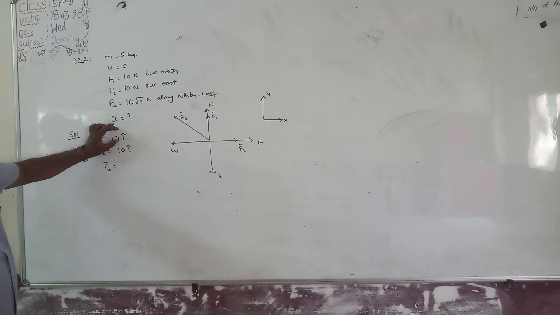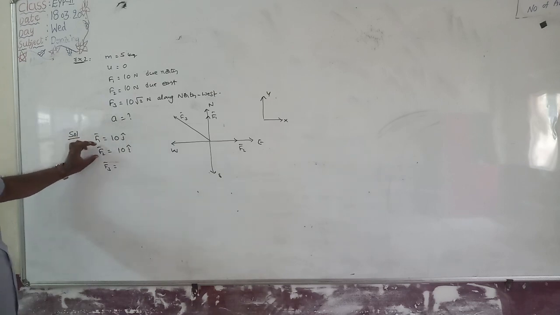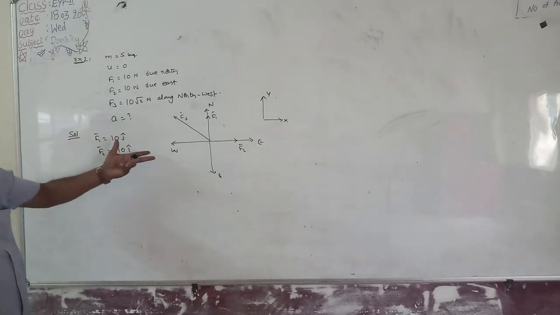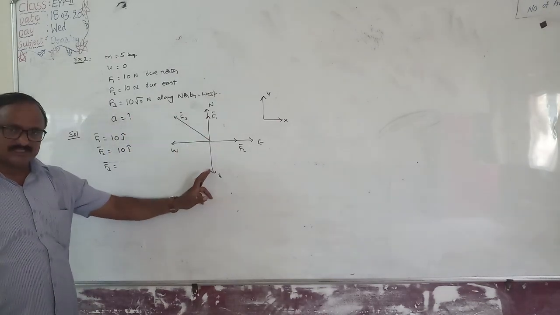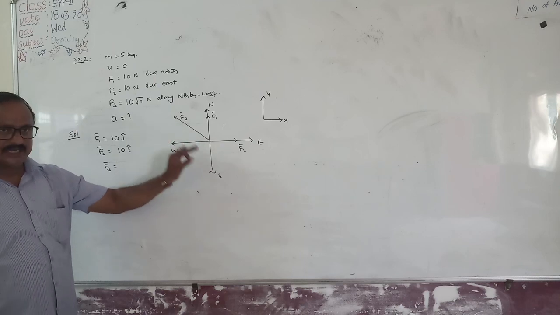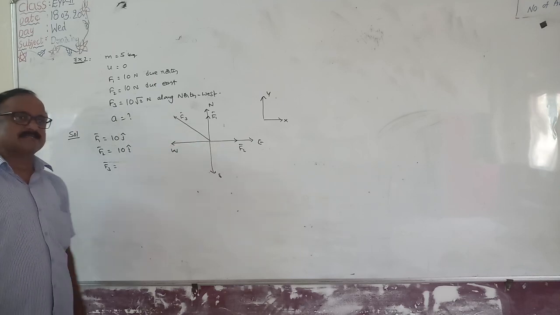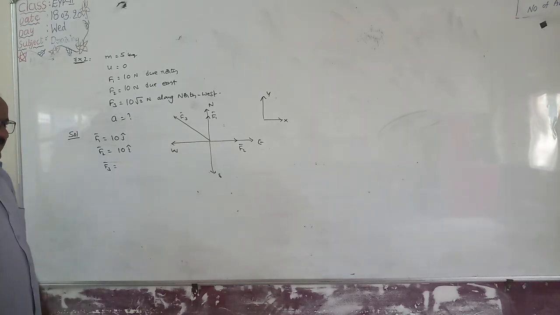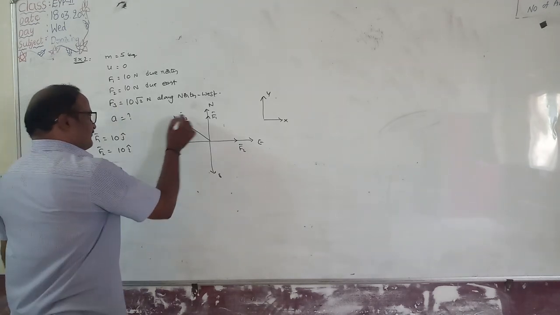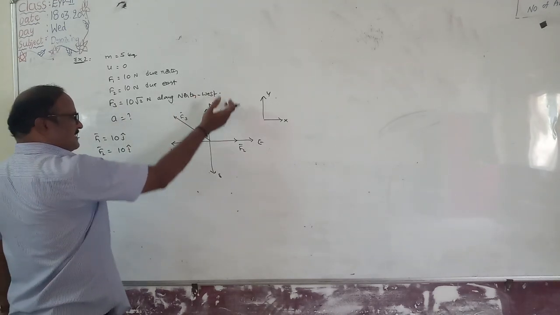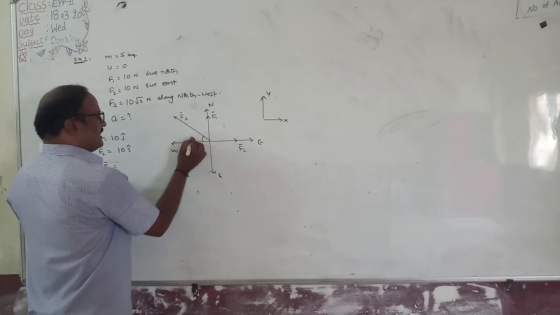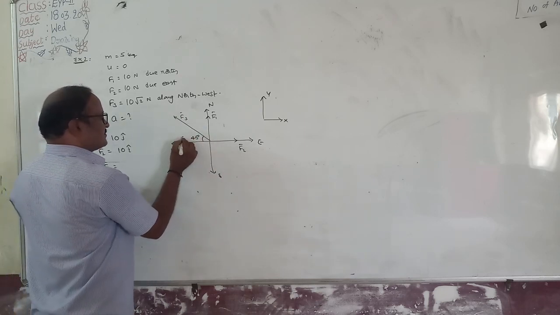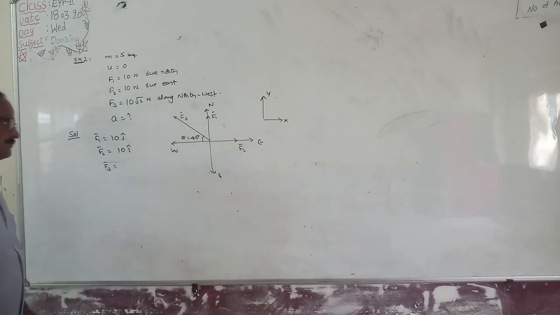F1 is in the sense of j cap, F2 is in the direction of I cap, but F3 is not lying in the x direction or the y direction, so it will be resolved into 2 perpendicular components. For our convenience, since it is northwest, exactly in the middle, suppose it makes an angle theta equal to 45 degrees with the x axis.